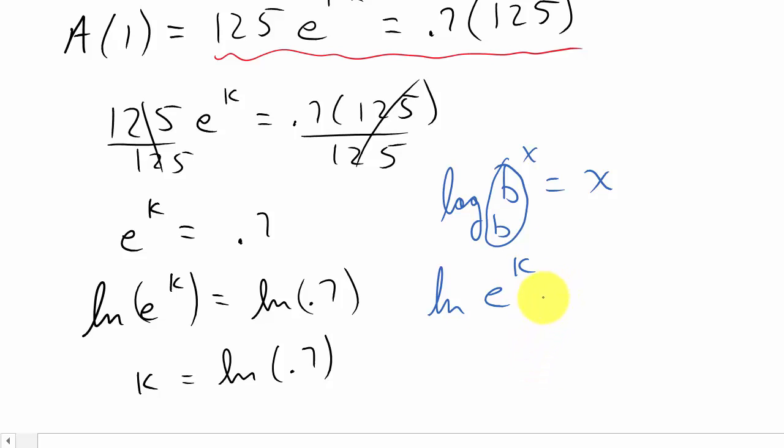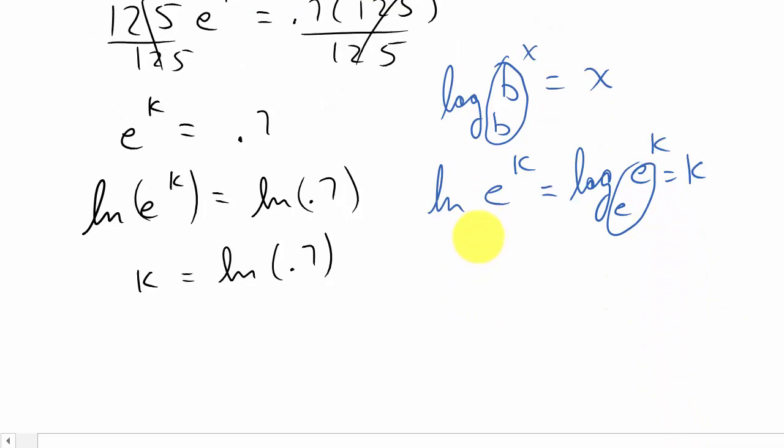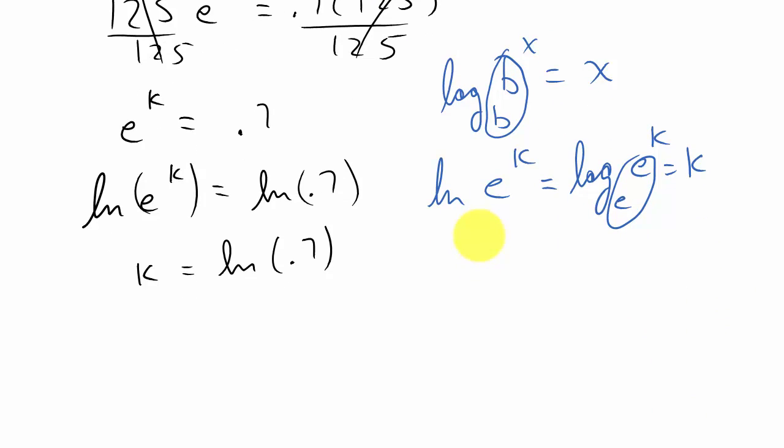Remember, natural log is the same thing as log base e. Since these are the same, our answer is our exponent. So I get natural log of 0.7.